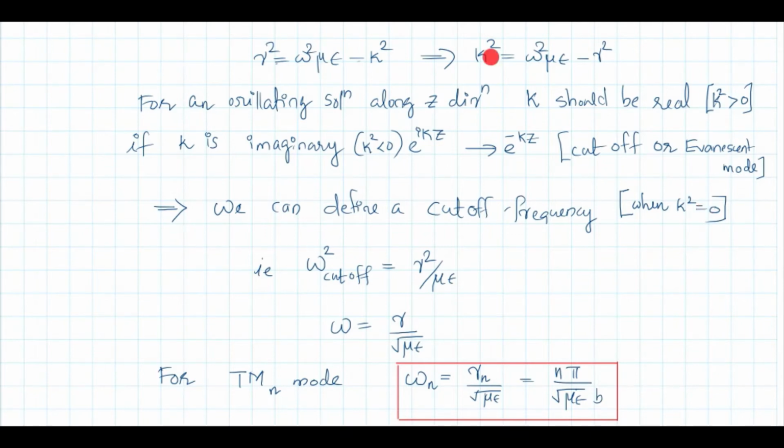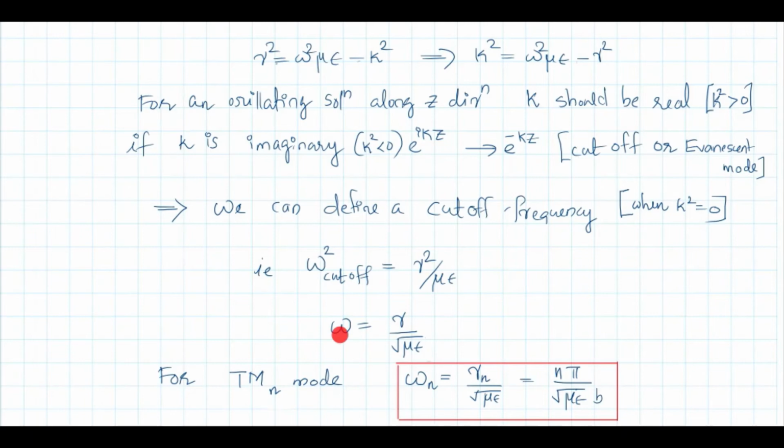When you put k square equal to 0, you will get omega square mu epsilon equal to gamma square. That is the cutoff frequency. You can define a cutoff frequency as omega equal to gamma divided by root mu epsilon. Here for the transverse magnetic mode with value n, you can call it the TMn mode, transverse magnetic nth mode.